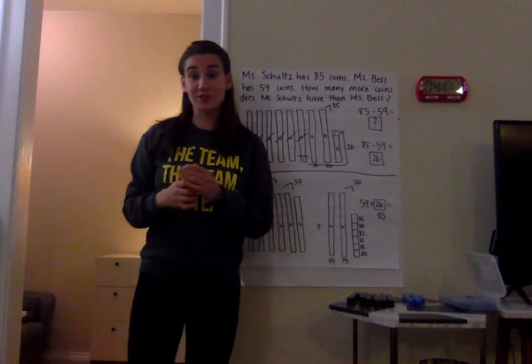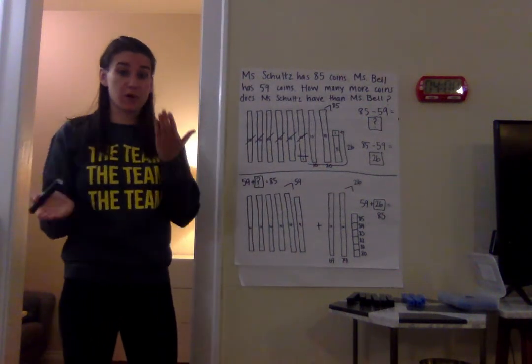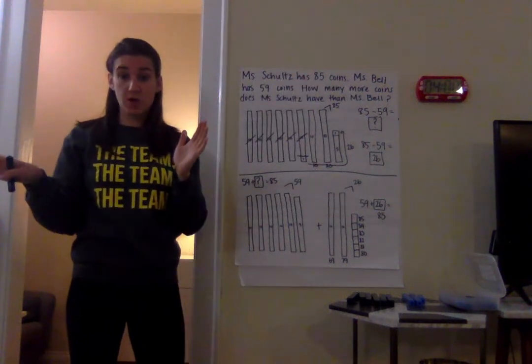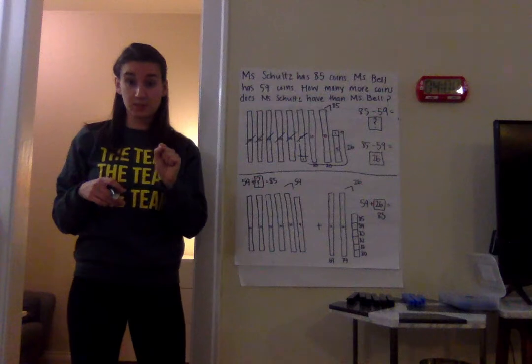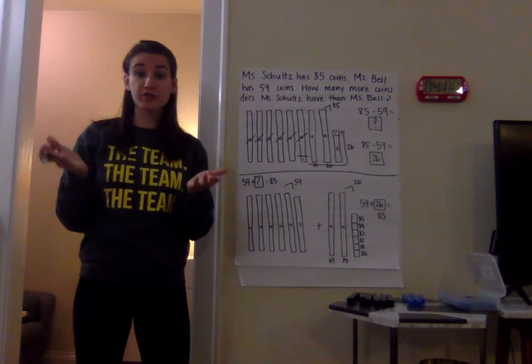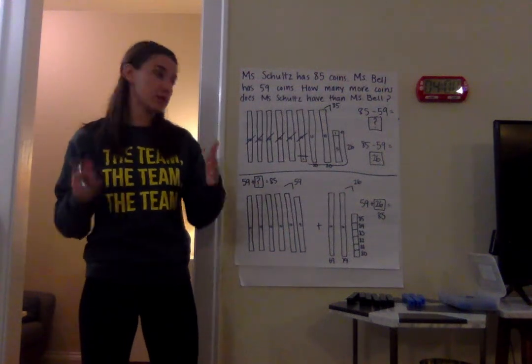Awesome job, Kipsters, helping me with those problems. We had two ways to solve this comparing problem. I could subtract, so I could do my bigger number minus my smaller number to find the difference, or I could add up. I could take my smaller number and count up until I got to my bigger number. So two different strategies that we could use when we're comparing and finding out how many more someone or something has.